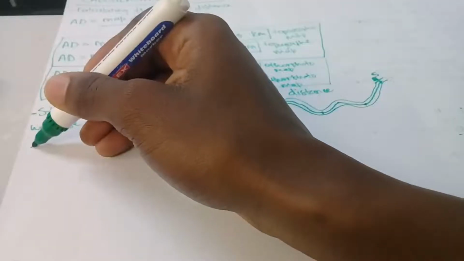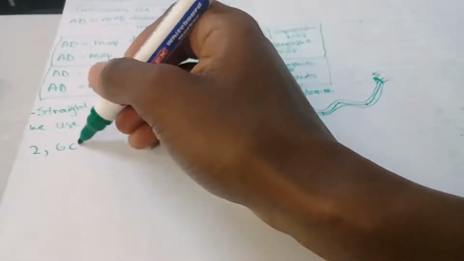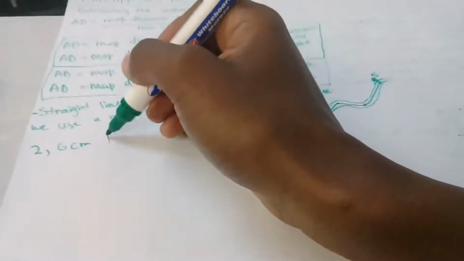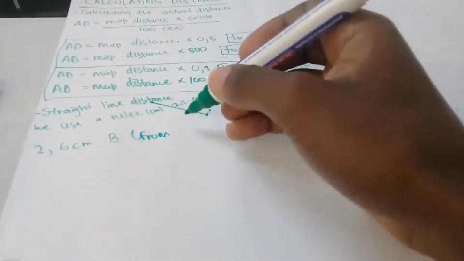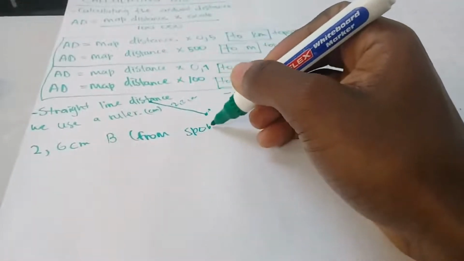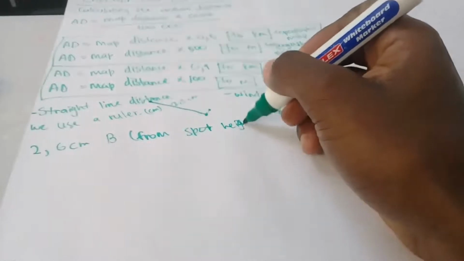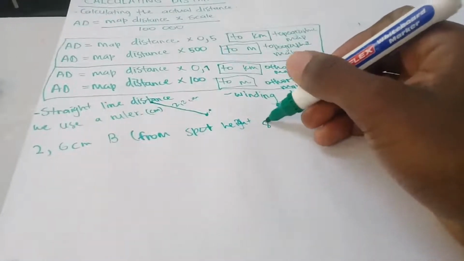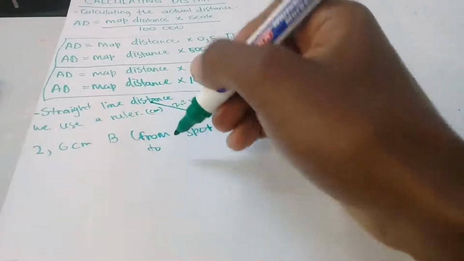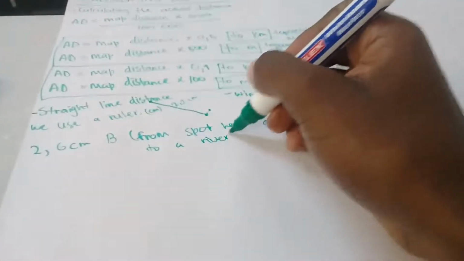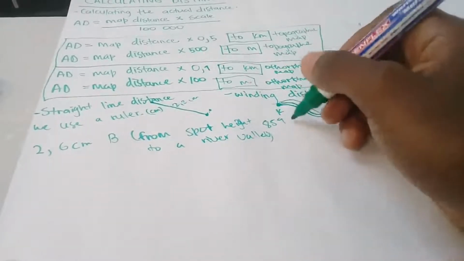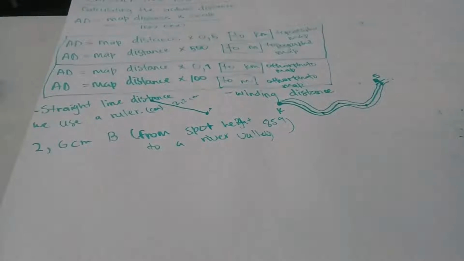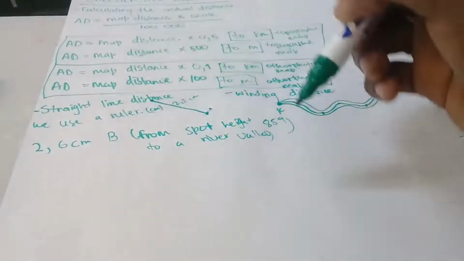Okay, 2.6 centimeters at B, which is from spot height 859 to a river valley. So as I measured, I came out with 2.6.